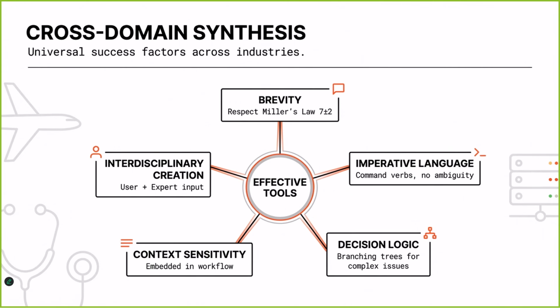One of the key factors that was found was brevity. We want to have the playbooks be concise and to the point, use imperative language, incorporate decision logic, meaning using decision trees over just flowcharts, having content sensitivity and interdisciplinary creation.